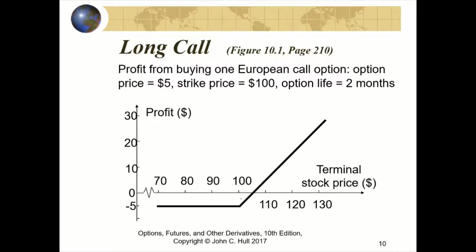Now, since the strike price is 100, for the option holder, it doesn't make any sense to exercise if the price is below 100. There is no point in exercising the option, because if you want to buy, you can easily buy the underlying from the market directly.